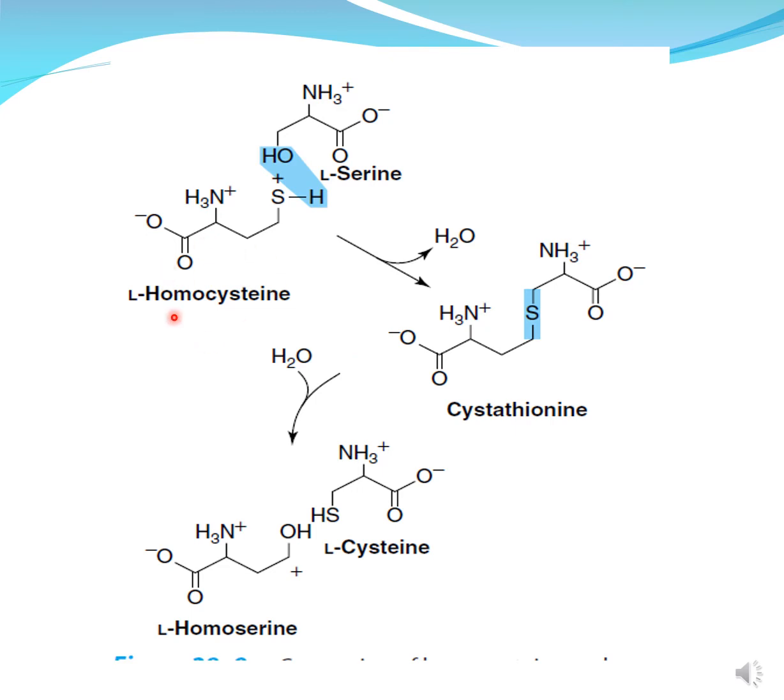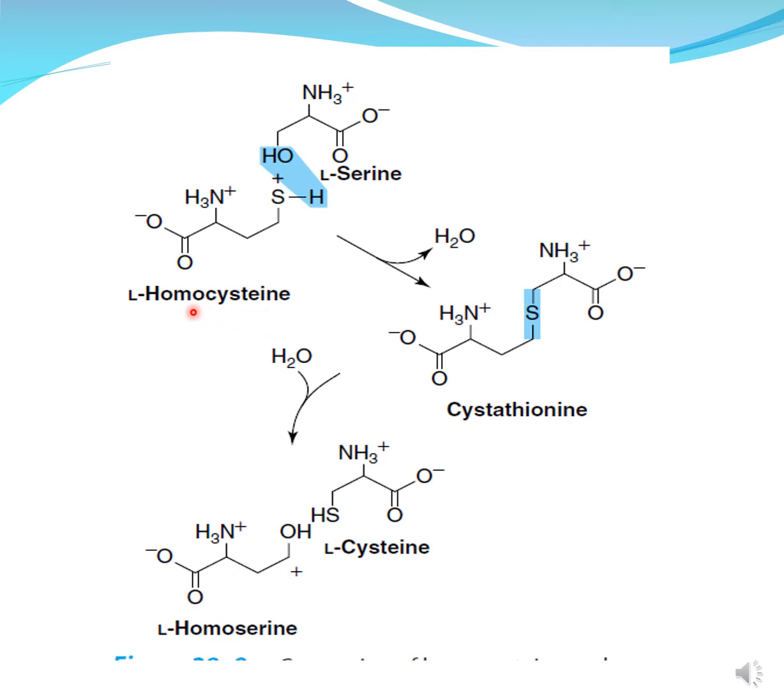Methionine first, this is not shown here, reacts with ATP to form S-adenosyl methionine. S-adenosyl methionine is a methyl donor used for transmethylation in several reactions. When it is involved in transmethylation, S-adenosyl methionine is converted into S-adenosyl homocysteine, and then it loses its adenosine group to form homocysteine.